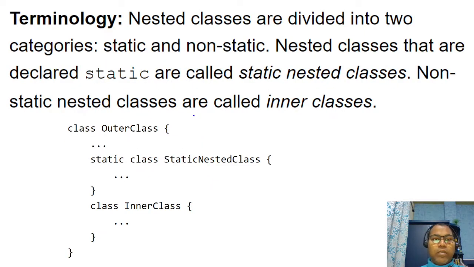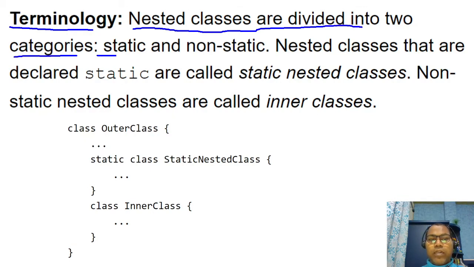First we discuss some confusing terminology. Nested classes are divided into two categories, as I discussed: static and non-static. This is your outer class.